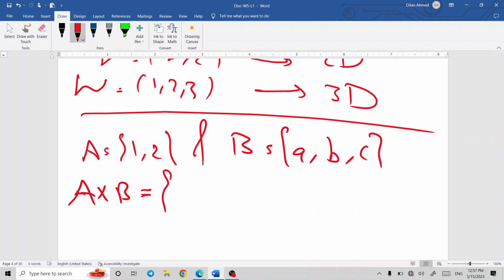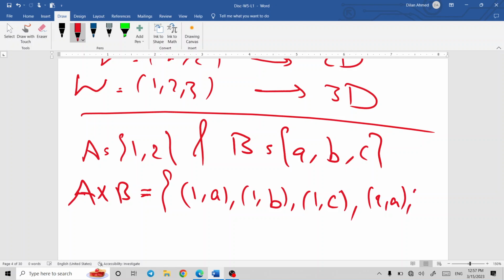So 1A, 1B, 1C, not ABC, because if you say ABC it means you just multiplied. Now I'm talking about crossing two sets, not numbers. Now 2A, 2B, 2C. Clear, dears? Understood?